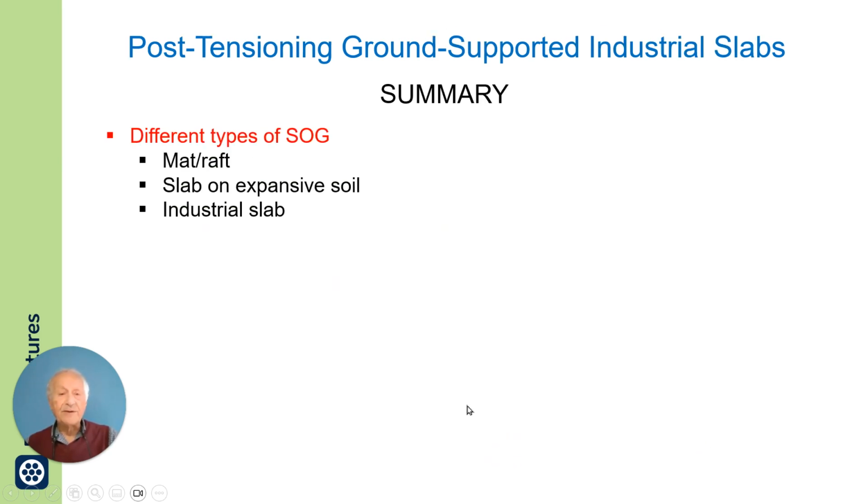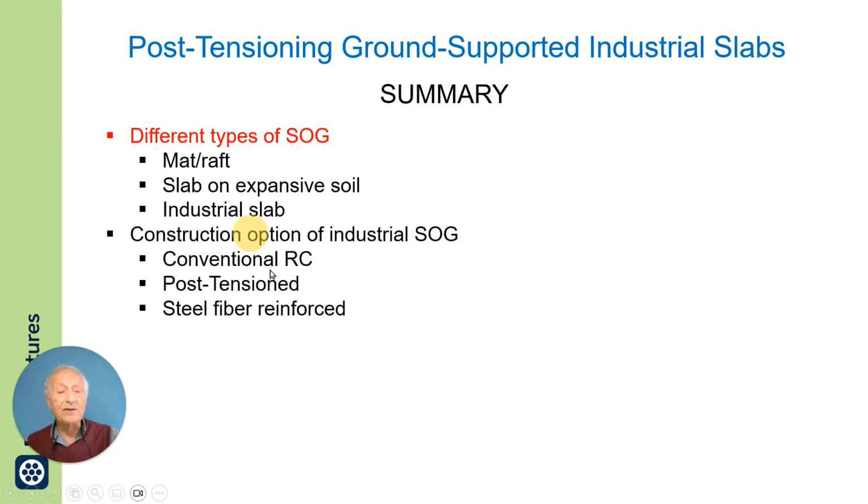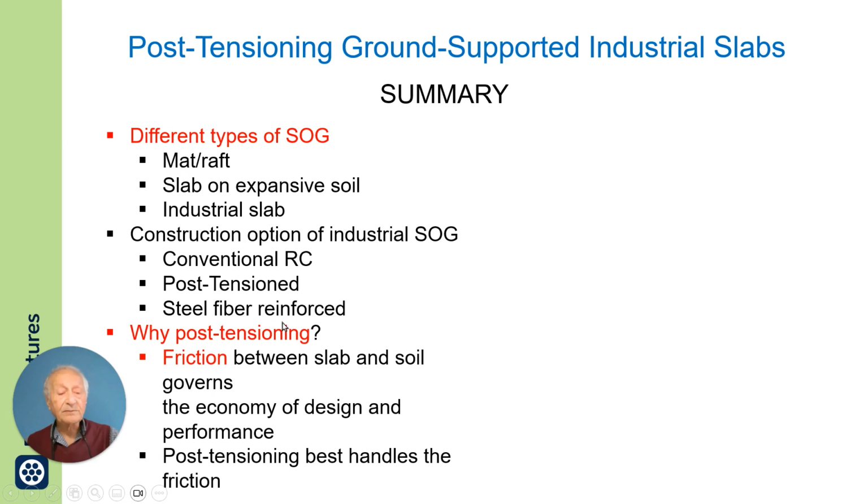Now, summary. Thank you for listening so far. In summary, I talked about different types of ground-supported slab: mat foundation, slab on expansive soil, industrial slab, construction options, conventional RC, post-tension, steel fibers, but we concentrated on post-tensioning.